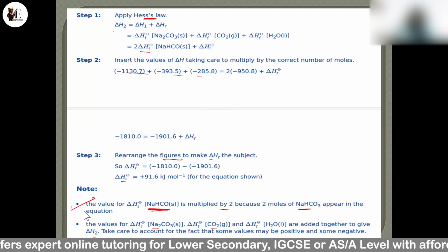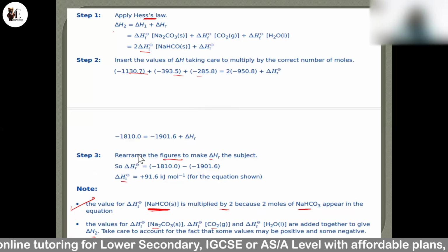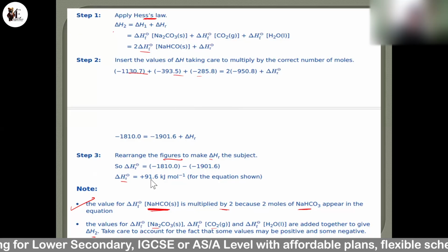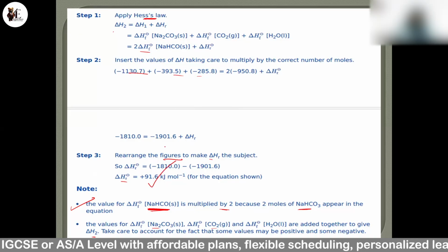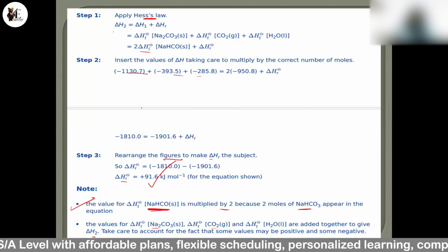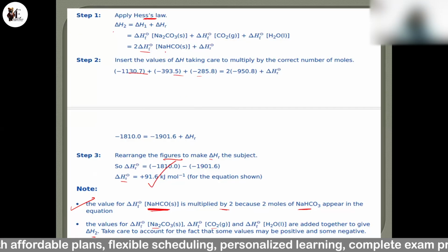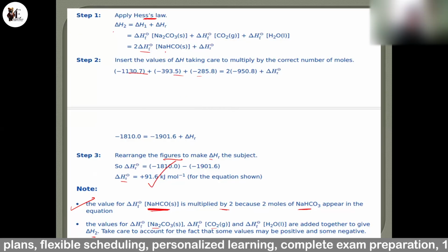That's 91.6, right? I got 5, not 6. Okay, so this answer is correct. 91.6 or 91.5 is okay. So you understood the question, or is there any doubt? I understood the question.